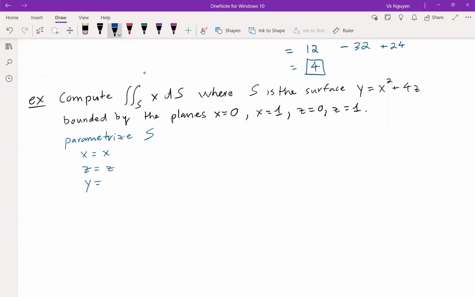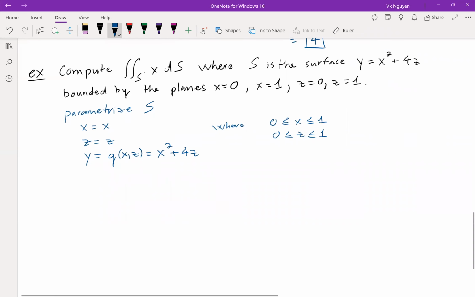I'm just going to write g(x,z) here, which is x squared plus 4z, right? Slightly a little bit different. And then from here you also get to know the region D, where 0 is less than or equal to x less than or equal to 1, 0 less than or equal to z less than or equal to 1. How nice, even though you don't know how to sketch the surface.